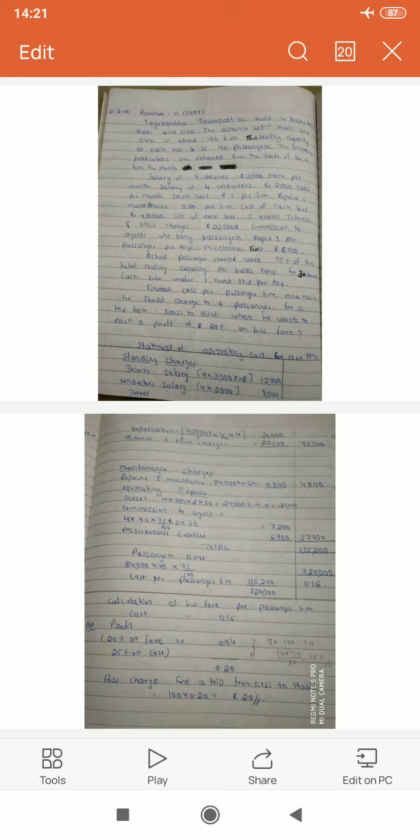But here it is simply given as interest and other charges, implying charges commonly applicable to 4 buses, it stood at rupees 22,500. Therefore, summation of all standing charges per month is arrived at rupees 72,500.